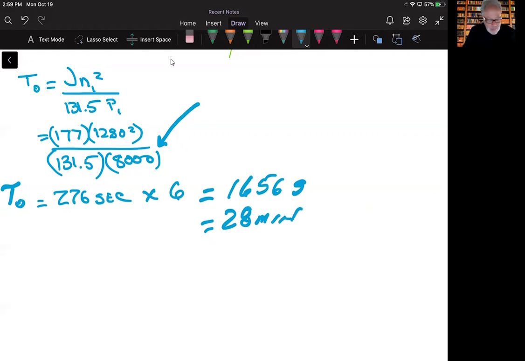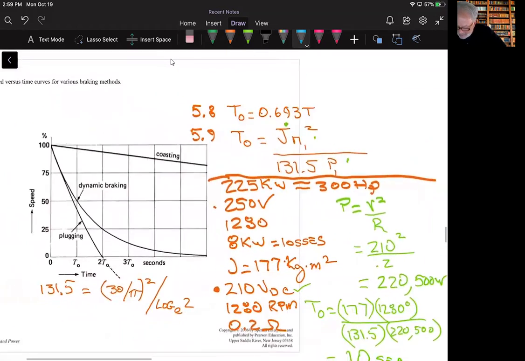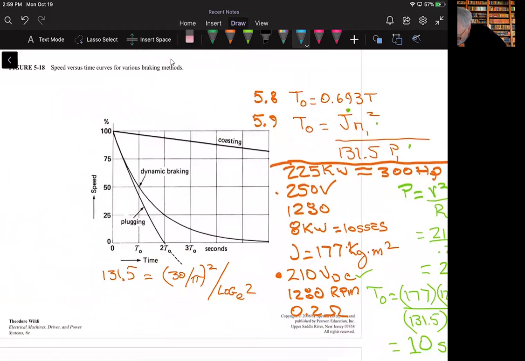So with the braking resistor, it took a minute, and without it, it took 28 minutes. So the mechanical time constant is 28 times the original. Now, in theory, the motor that's dynamically braked never comes to a stop, because if you look at this curve, it never really hits the 0 point.